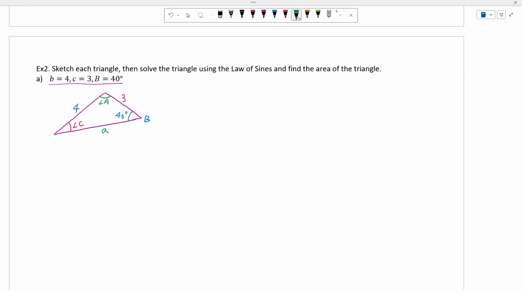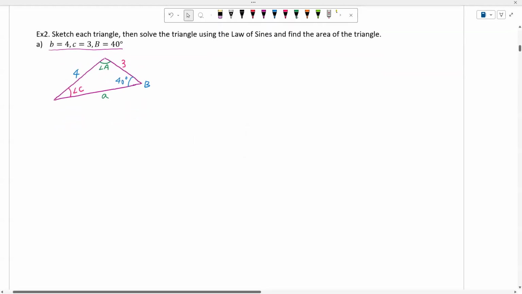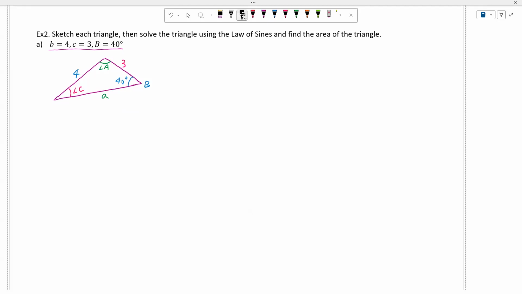Then let's see how we actually work out this problem. How do we set it up? To use the law of sines, what is the first pair that we would like to set up?